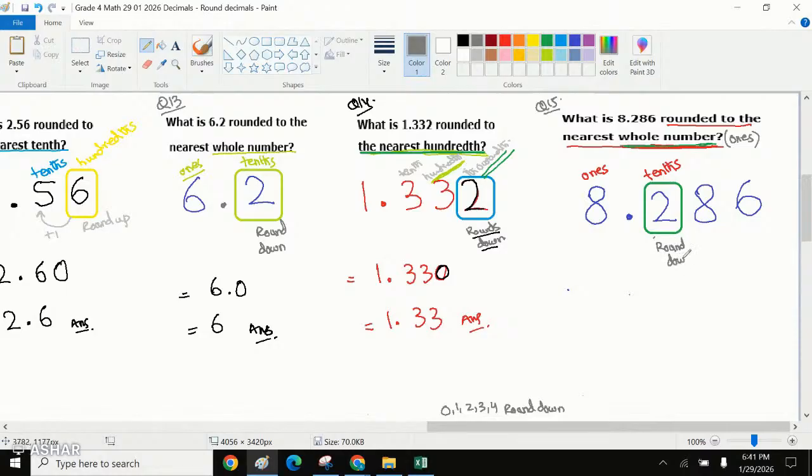That means it will not affect the number before it. It cannot affect the number before it, right? If it's not affecting the number before it, what will happen? This 2 becomes a 0, and the numbers before this stay as they are.